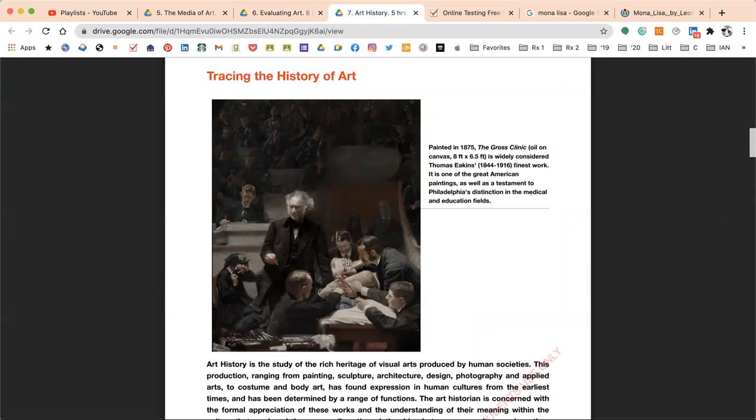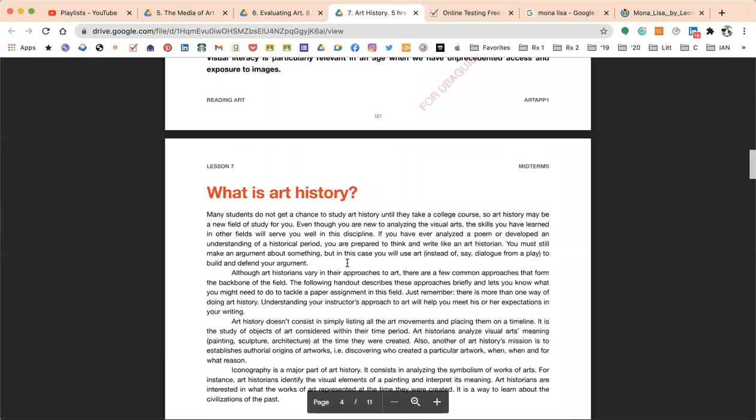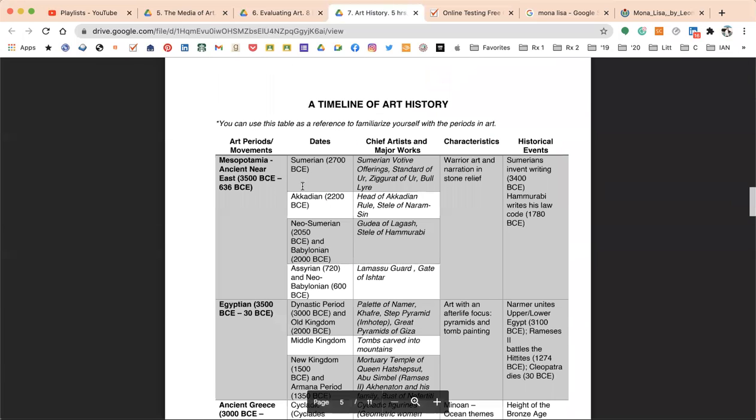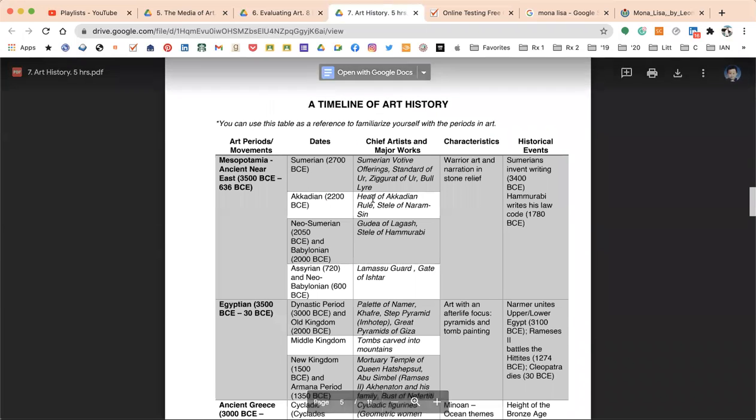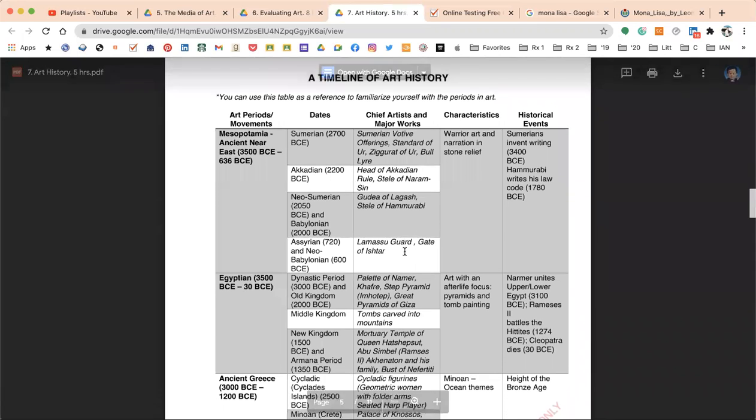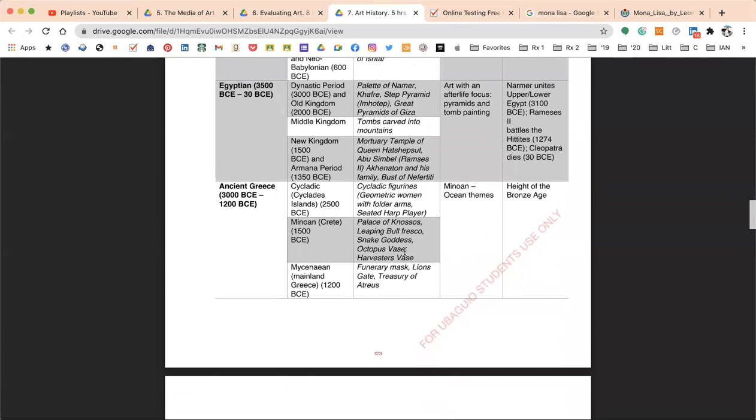Don't worry, the ones that I usually ask in exams are the more famous or the more well-known artworks. It's a way for me to see if you are memorizing. When you are done with the subject, at least you can identify certain artworks which are famous in the art scene. I will not be asking anything related to this anymore. I will not ask, for example, the funerary mask is in what age?